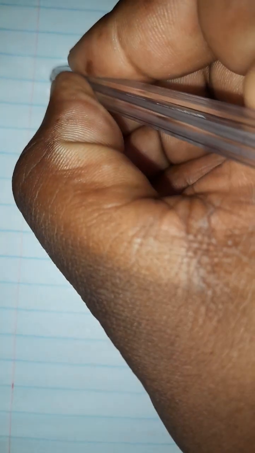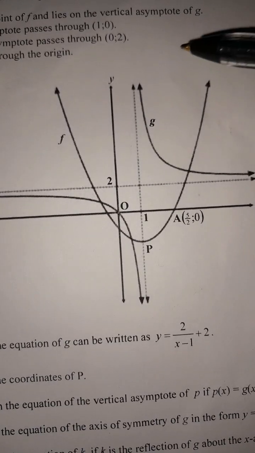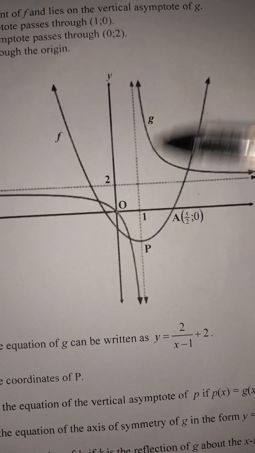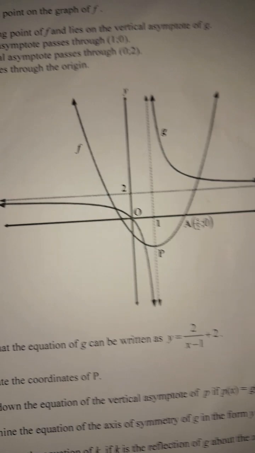First things first, at 4.1, we are given that y is equals to a all over (x plus b) plus c. Start with the asymptotes. You can see that we have a vertical asymptote that cuts here, it's 1, and the horizontal one, which is 2. So let's place them, right?